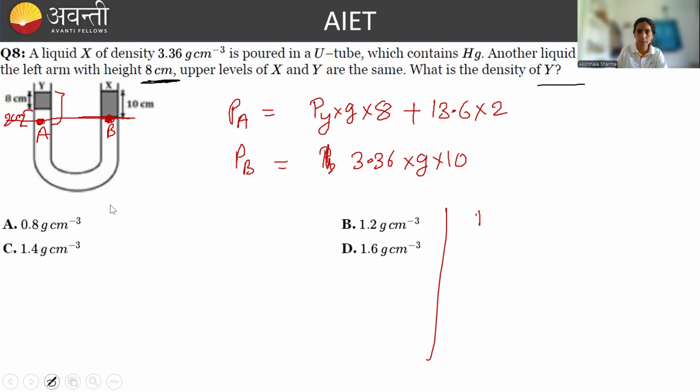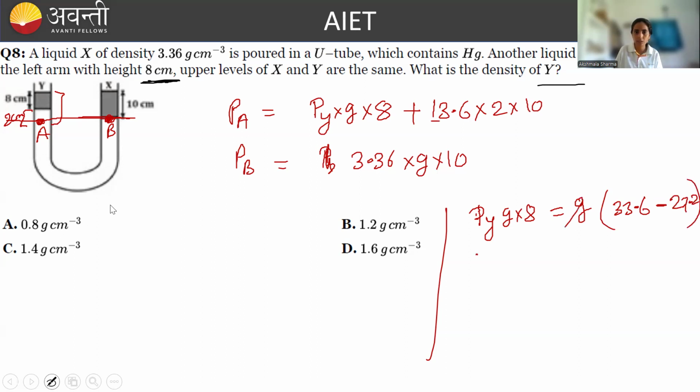If you equate, what will you get? Rho Y g into 8 will be equal to 13.6 into 2 into g. I have not written g, I should. So let me take g outside. So here, 3.36 into 10, that is 33.6, minus this, taking it to the other side, this will become 27.2. And g will get cancelled. So 8 rho Y is equal to 6.4 if you calculate it.